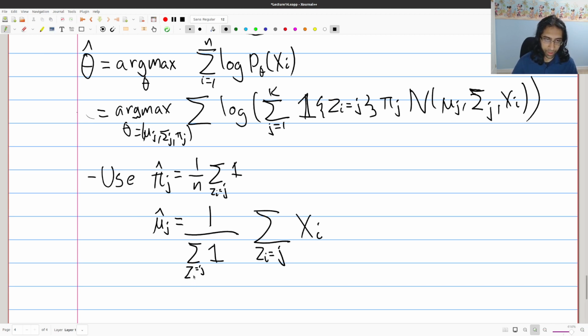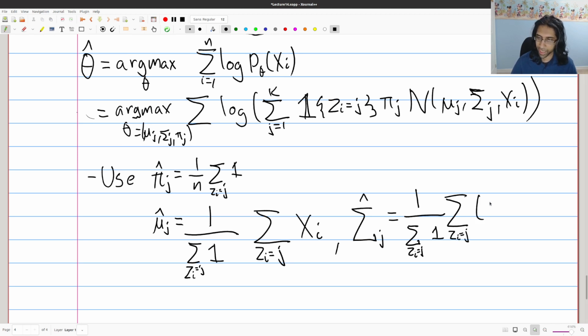This should be z_i. And finally, we let the covariance for this component, so sigma hat of j, be equal to, similarly, this normalization factor times the summation over i equals j.